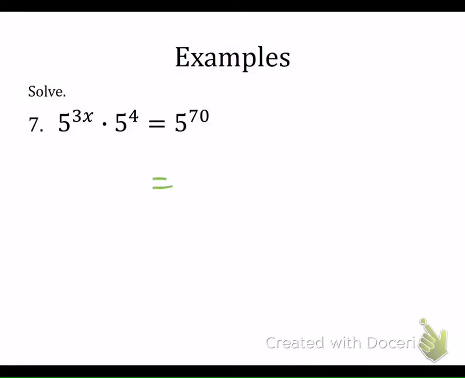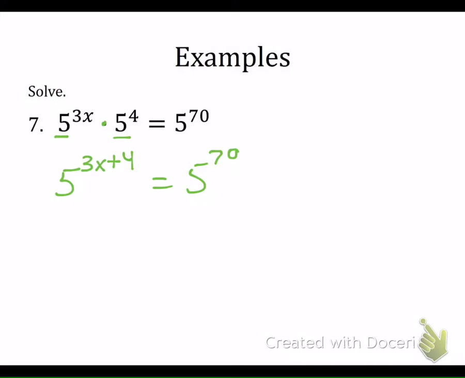So I'm going to go ahead and say that this guy is fine. What do I do when I have the same base being multiplied? You add the exponents. So this is actually 5 to the 3x plus 4.